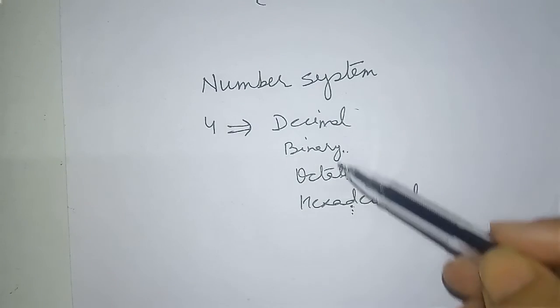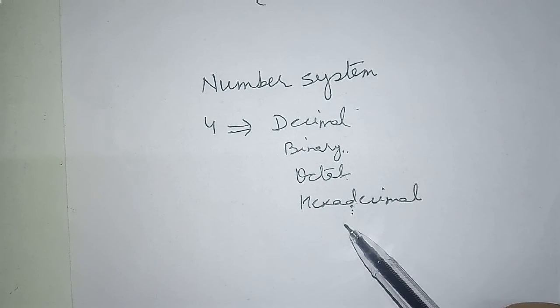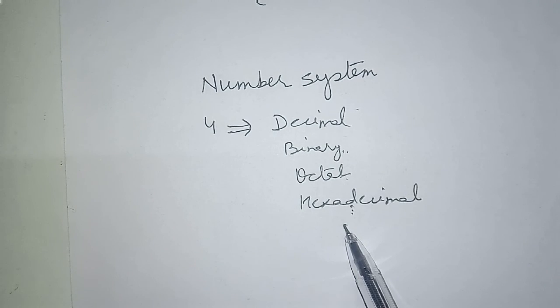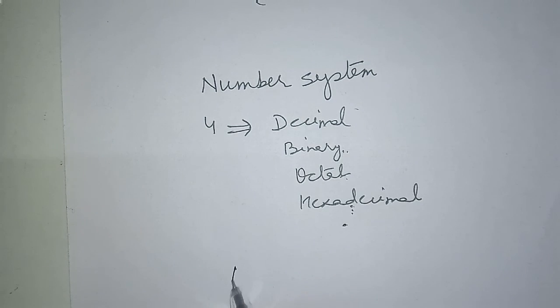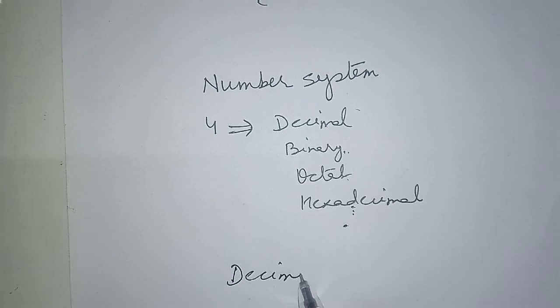All these 4 number systems are based on positional values, so they are also called positional value systems. Positional value gives the weight to the numbers, and how the numbers are created we have already discussed earlier. Then we have seen how to convert decimal into binary and binary into decimal.